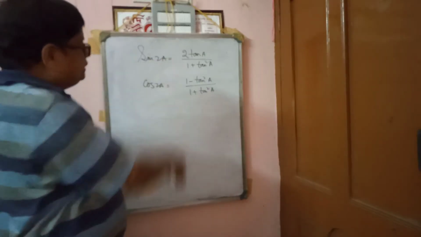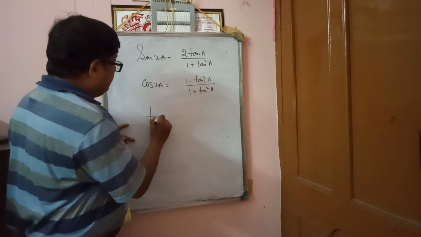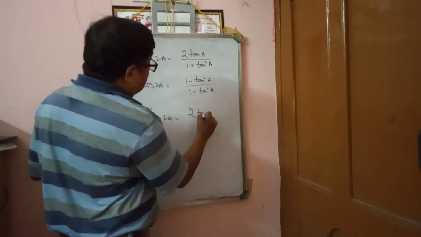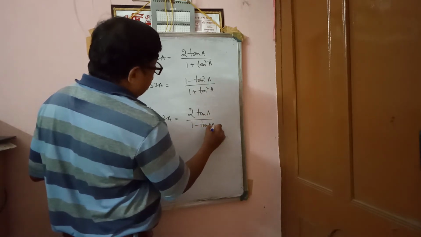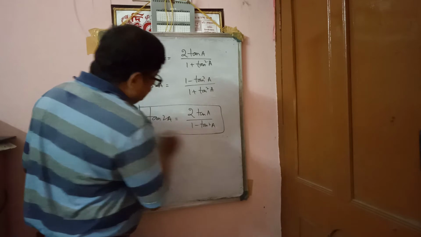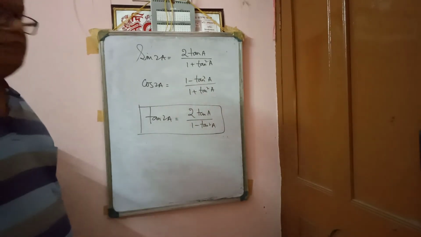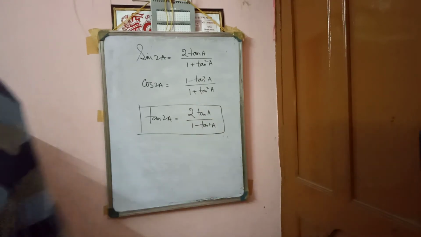If you divide these two, sin by cos, we get tan 2a equal to 2 tan a by 1 minus tan square a. Okay? Right.